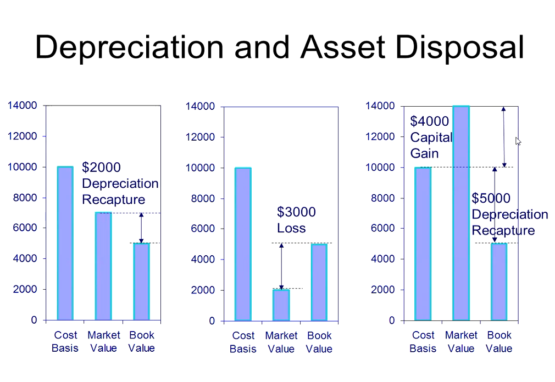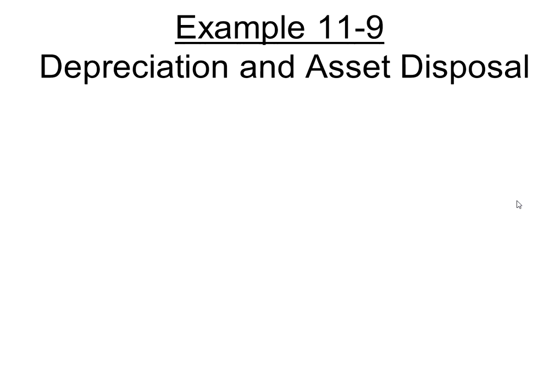This is the ordinary gains, and this is the capital gains. Capital gains might be taxed lower than ordinary gains. So here's example 11.9, and here we look at depreciation and asset disposal.